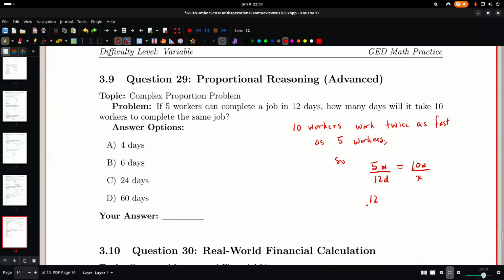So 12 over 5 is equal to X over 10, which means we can rearrange that and we get X is equal to 12 times 10 all over 5. And so X is equal to 120 divided by 5.